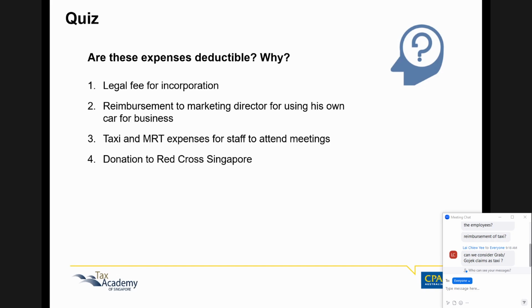Like I said last week, I'm also quite exam focused. In the exams, you would be asked these types of questions, whether a certain type of expense is deductible or not deductible.